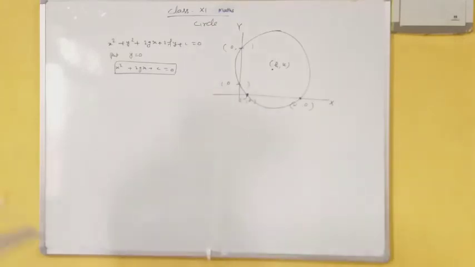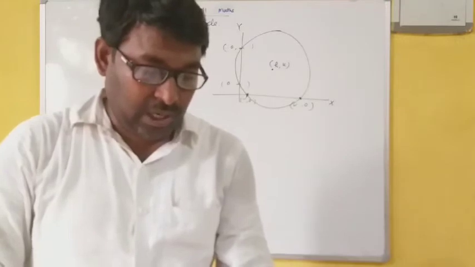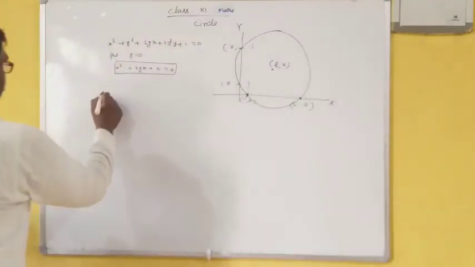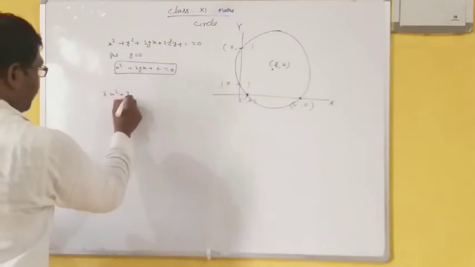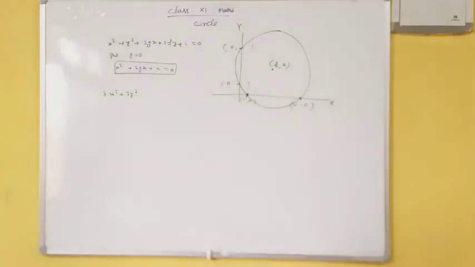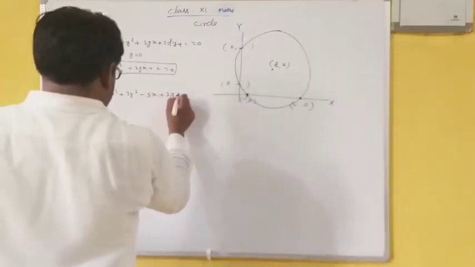One question is: find the length of the intercept of the circle 3x square plus 3y square minus 5x plus 3y is equal to 0.